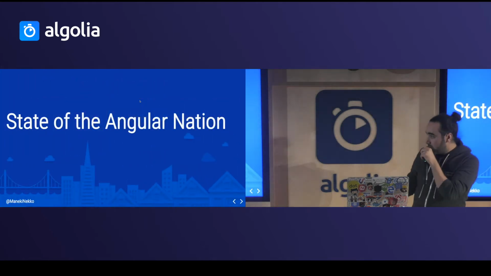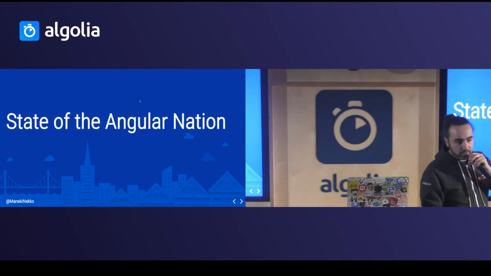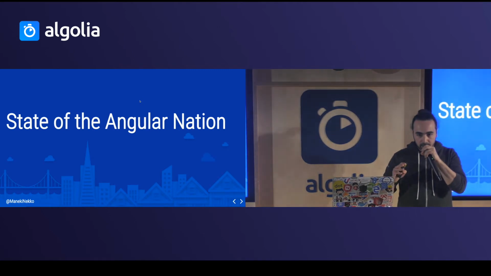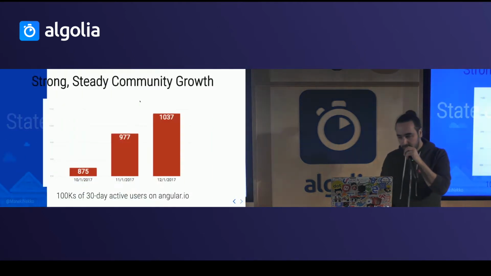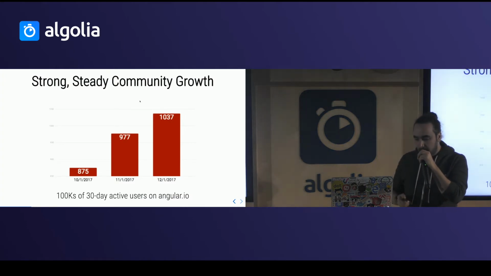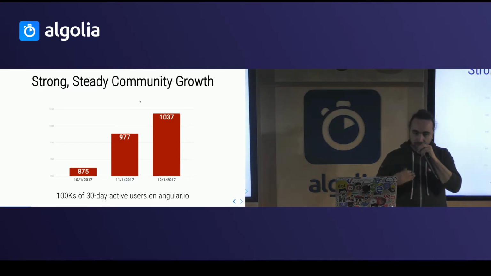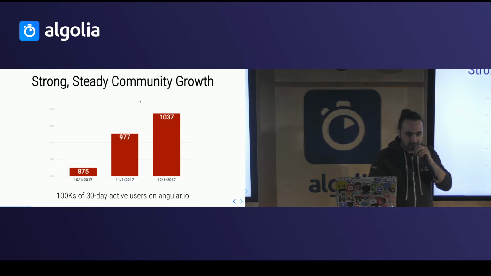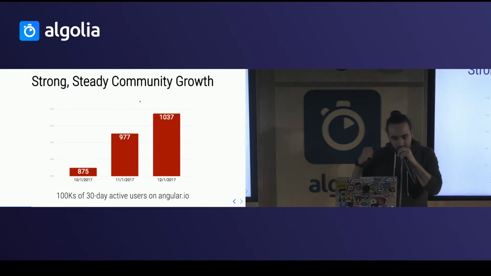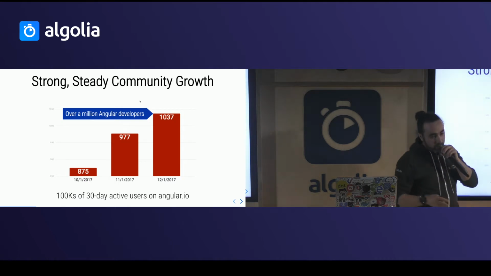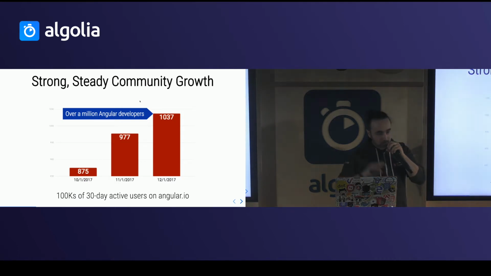All right, so before we talk about the upcoming features for this year, I have a couple of slides about the current status of the Angular nation. Angular is really a strong community. It's growing faster than AngularJS did back in the day. This is Q4 of last year, 2017, and we are now over 1 million Angular developers all across the world.